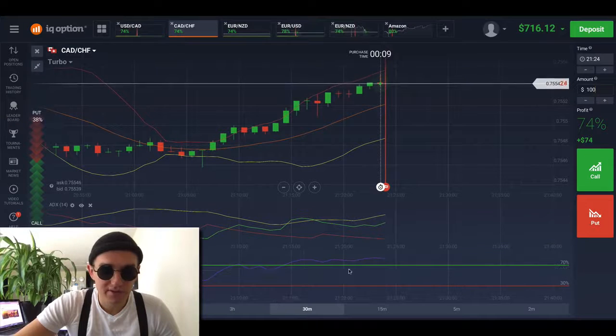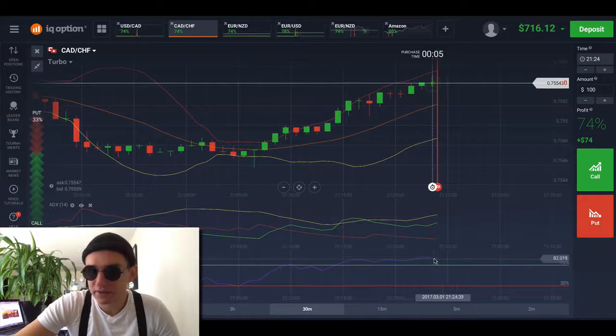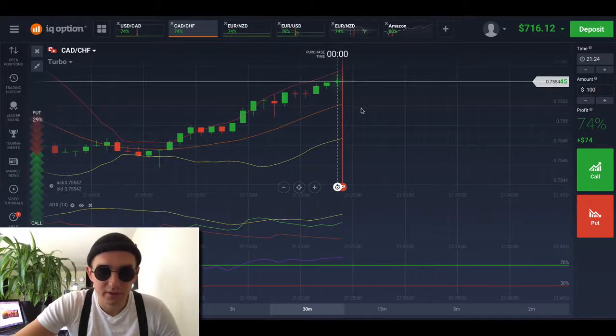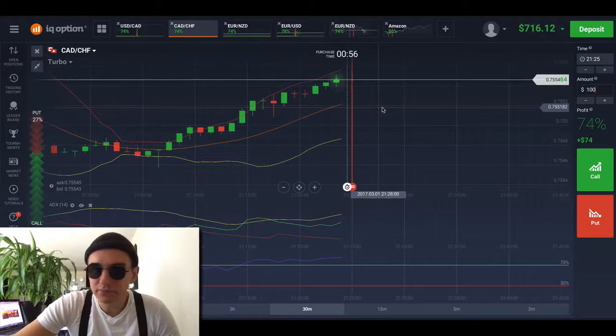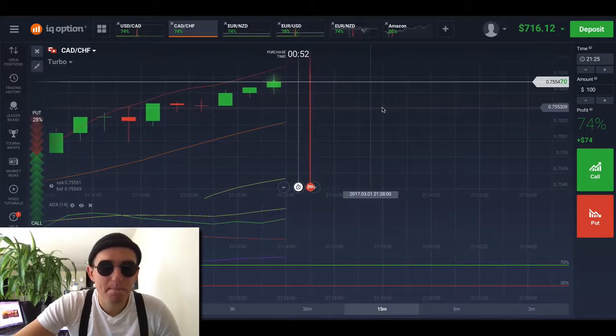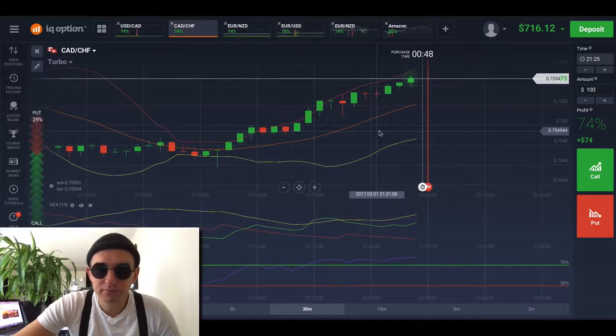So as you can see, we are in the highly oversold condition here, and we have the upwards trend, and I think shortly we might reach a good moment for the put stake.